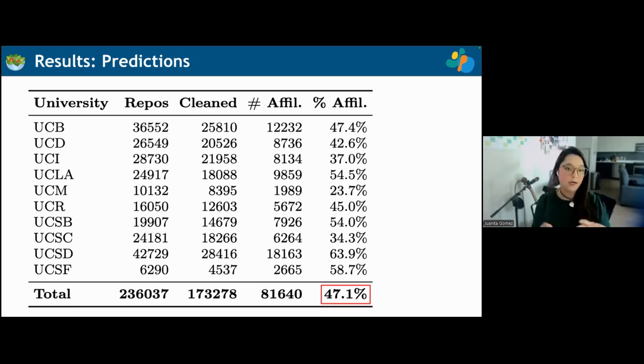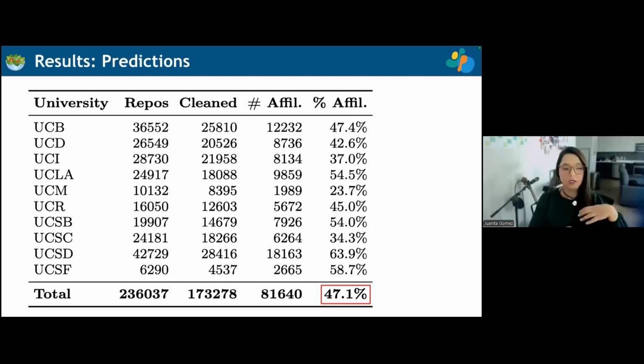After cleaning the data, I got 173,000 repositories, and only around 81,000 of them were predicted to be affiliated. So again, this is 47%. For the universities like UCSB, UCSC, and UCSD, where I had manual labels to compare the affiliation with, I picked the best threshold.